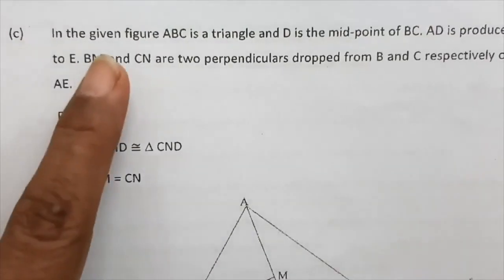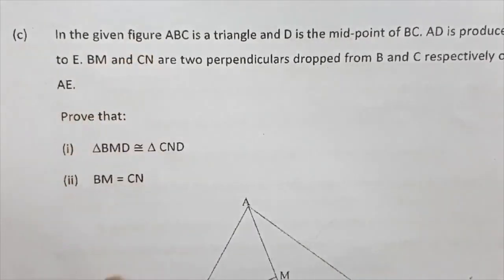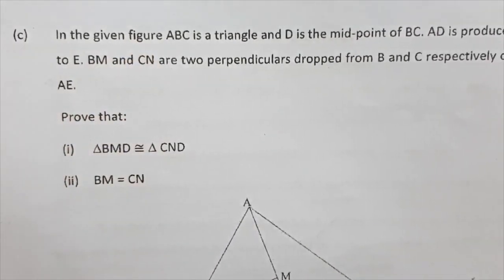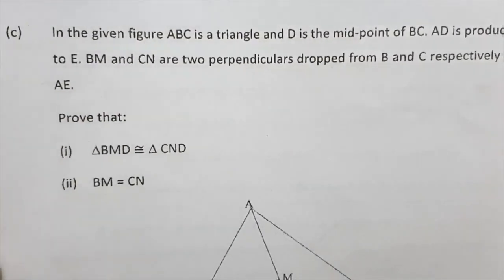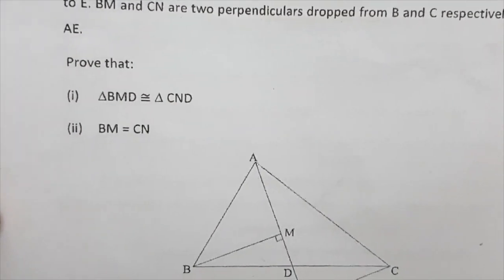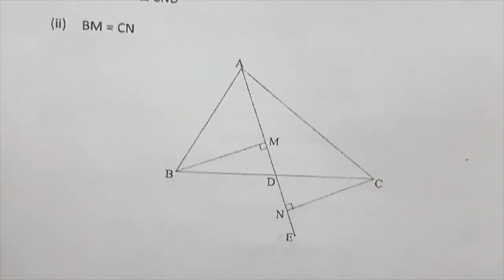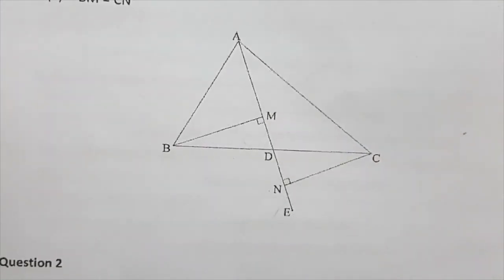Question 1c. In the given figure, ABC is the triangle, D is the midpoint of BC, AD produced to E. Let us look at the diagram. AD is produced to E. Can you see that?